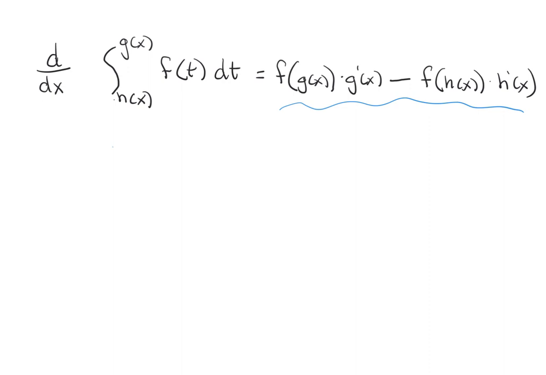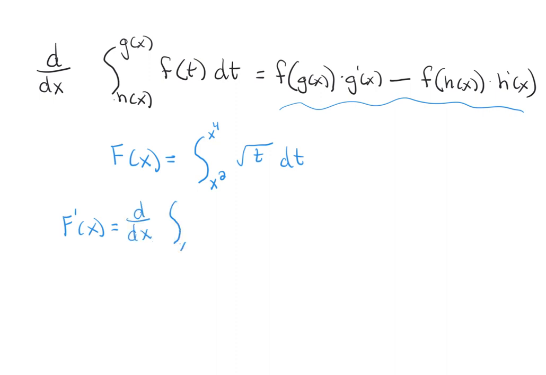If I have f of x equal to the integral from x squared to x to the fourth of the square root of t dt, our goal is to find f prime, which means we're taking the derivative of the integral.